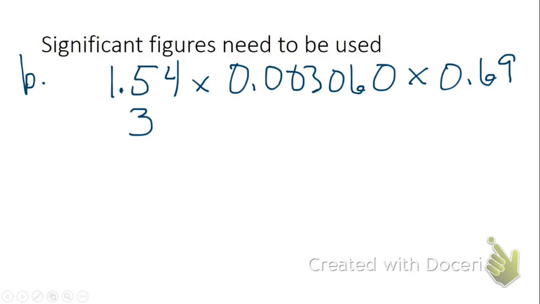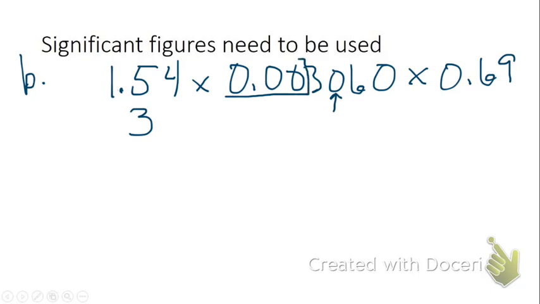Let's look at the next number. So we know this 0 at the end is significant because it's after the decimal point. We know the 2 non-zero numbers are significant, so there's 3. This 0, anytime you have a 0 in between 2 non-zero numbers, it is always significant. So now we're at 4.